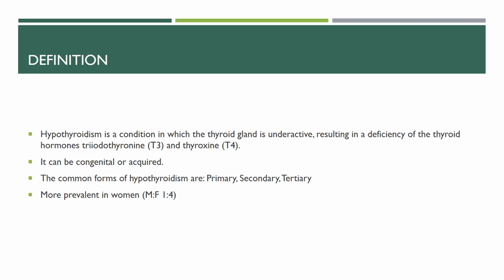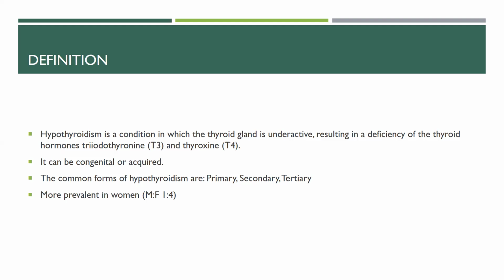Now, hypothyroidism can be congenital or acquired, meaning it can be a condition that you're born with or something that you get as you progress in life. The most common forms are primary hypothyroidism, secondary hypothyroidism, and tertiary hypothyroidism.